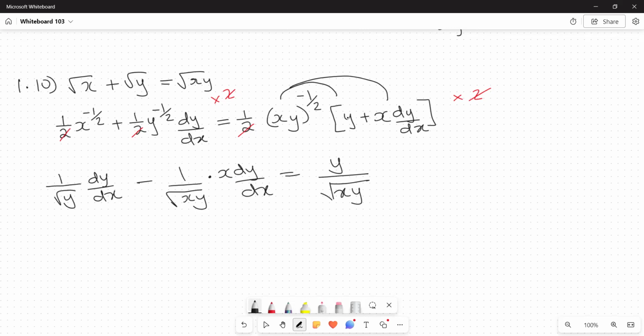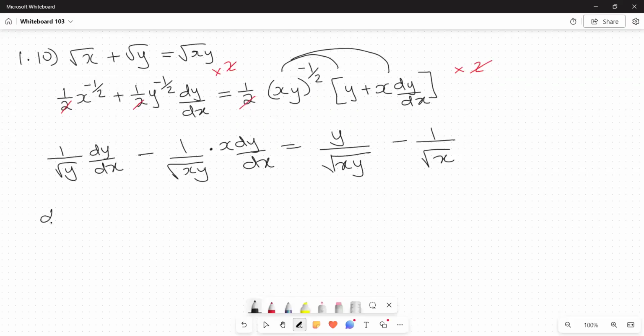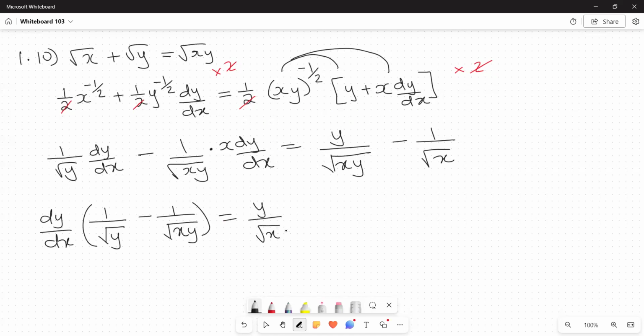When you multiply this one, the term here that doesn't have dy/dx comes over to this side, so I have 1 over the square root of x. If we factor out dy/dx on the left, we have 1 over the square root of y minus x over the square root of xy. There should be an x here, sorry, it's this x over there. This is equal to y over the square root of xy minus 1 over the square root of x.